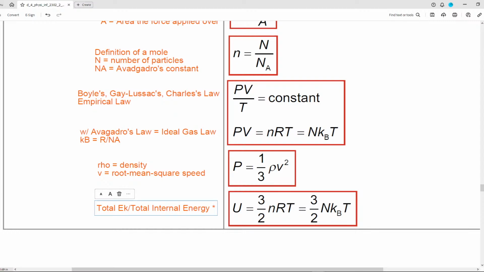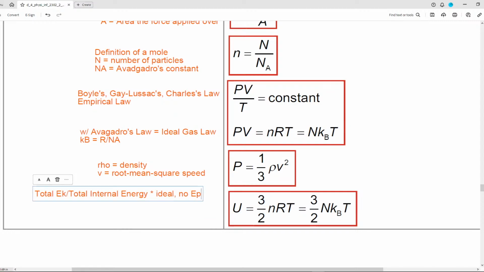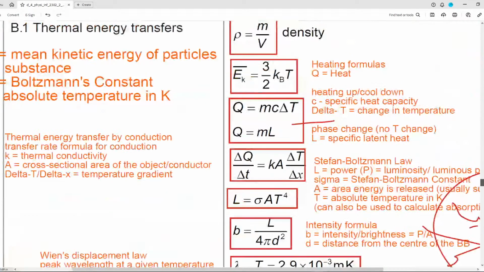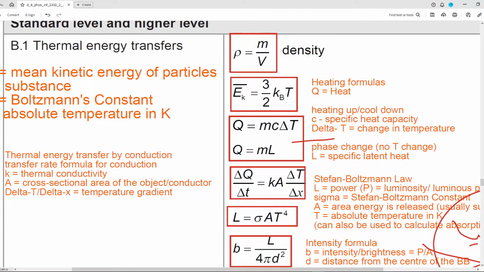is, which we will assume, star, ideal, no EP. Very important, this formula only works when there's no EP. So basically, you take the formula from way up here, this one you see, just EK. It's just EK, nothing to do with EP. That's the average kinetic energy.